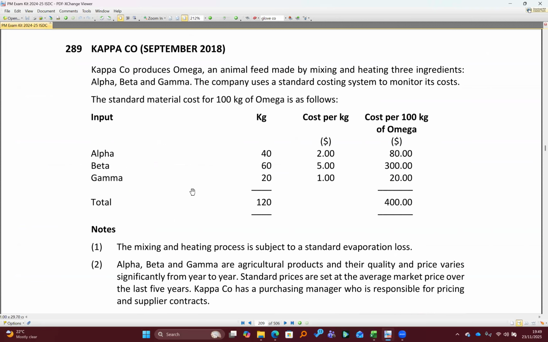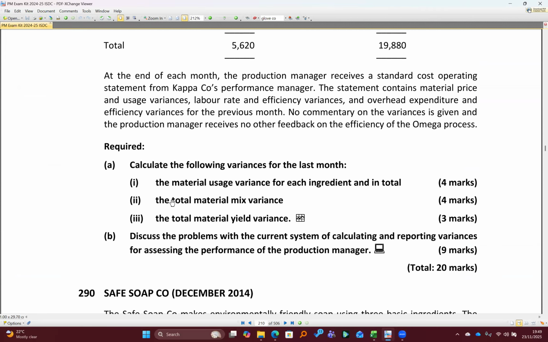So let us do this question called Kappa. In this question, they're asking us to calculate the following variances for the last month. So material usage variance for each ingredient and in total, material mix variance, and then material yield variance.